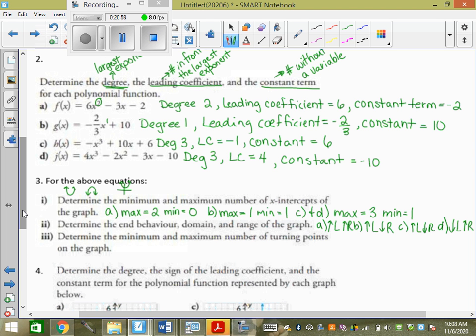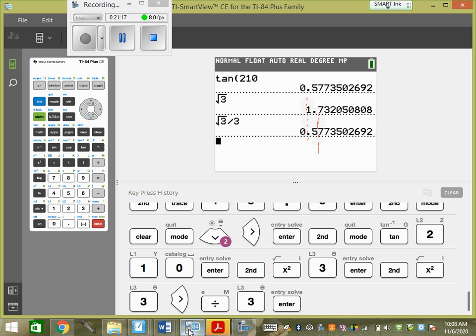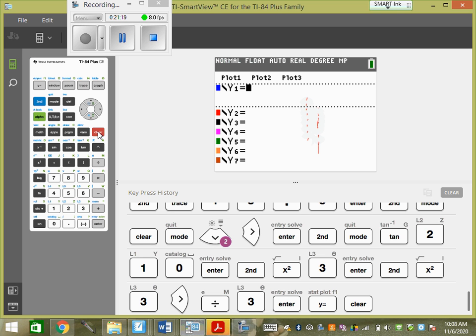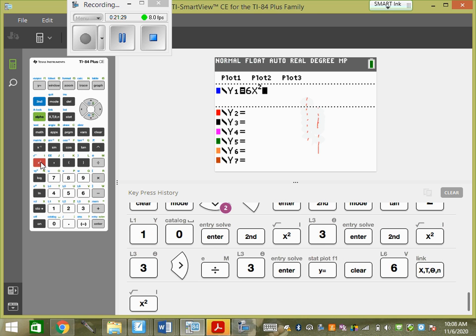Part 3. I want you to type 6x squared minus 3x minus 2 into your calculators. Everyone's typing it in. Okay, quiet. Type this in. 6x squared minus 3x minus 2.